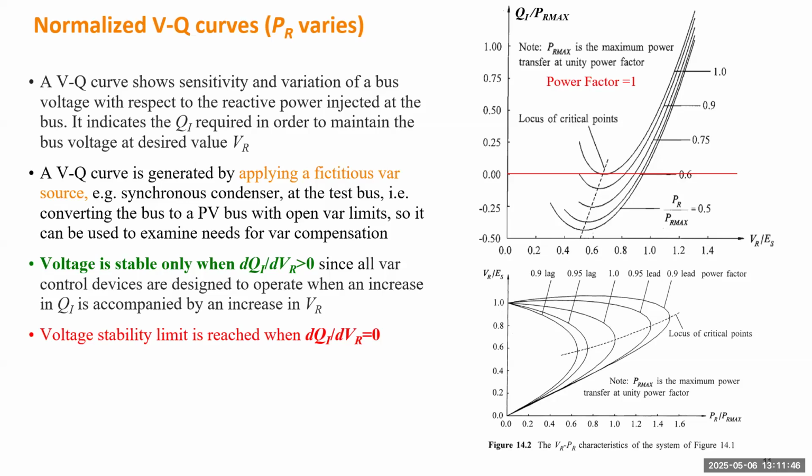Please notice that the group of VQ curves on the top corresponds to a power factor of 1. Power factor 1 means it only corresponds to one of those PV curves, which has a power factor of 1. So the whole set of VQ curves corresponds to just a single PV curve on the bottom, which is this one.